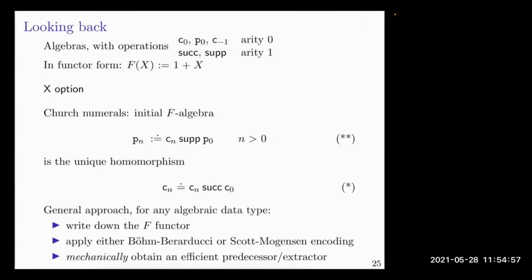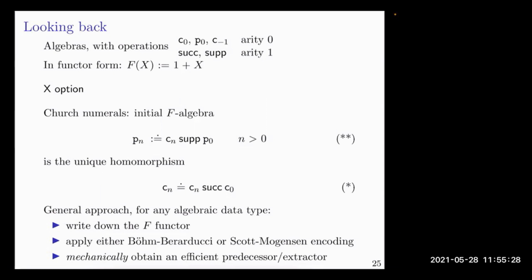And these ideas generalize to an arbitrary data type, not necessarily 1 plus X. So if you want to find a predecessor or something like a recursive deconstructor on Church encoding of other data types, what one needs to do is to first write this F functor, then apply the Bernoulli-Scott-Mogensen encoding.